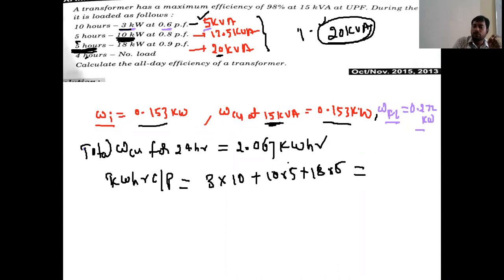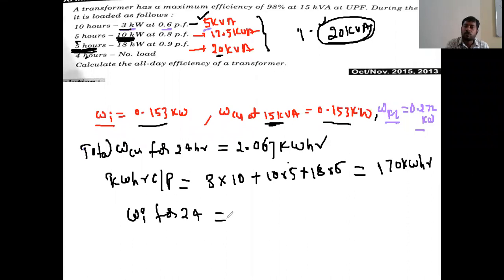Then we need to find the iron losses. Iron losses for 24 hours is 24 hours into the iron loss, which is always constant, 0.153 kilowatts, giving kilowatt hour.